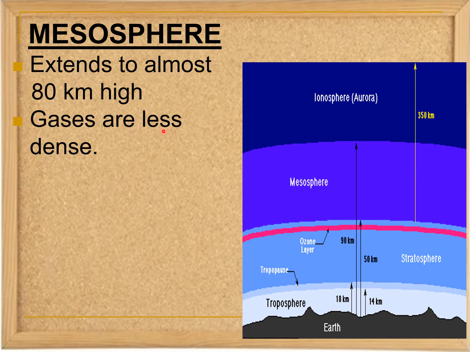If you compare mesosphere and stratosphere, which one is lighter? Your mesosphere is lighter than your stratosphere. If we compare stratosphere and troposphere, your stratosphere is lighter than your troposphere.